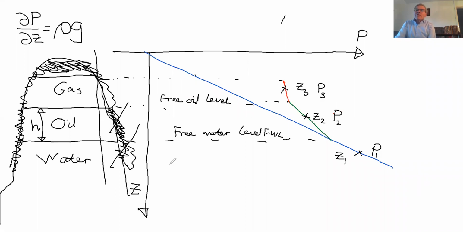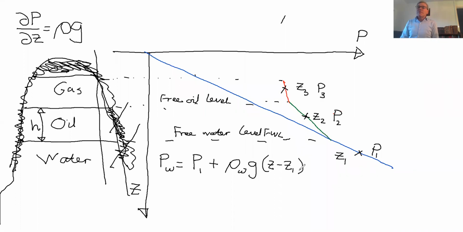Okay, so now let's write down some equations. So I can write down the pressure for the water. Okay, if I look at this, the water pressure is going to equal. Now I can integrate the equation above, which should be hopefully relatively straightforward here.